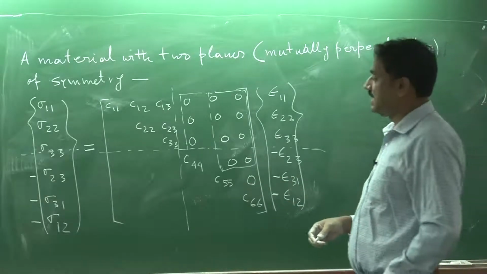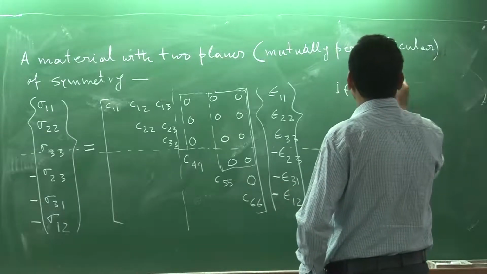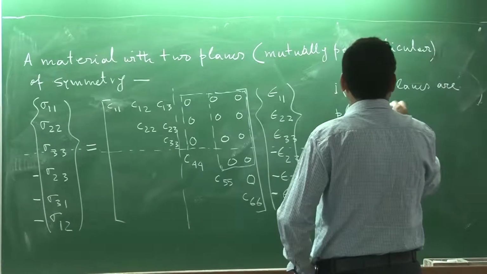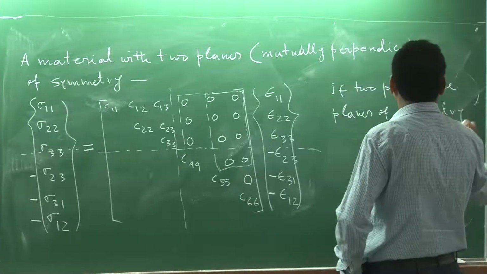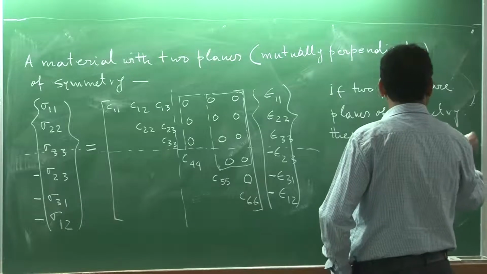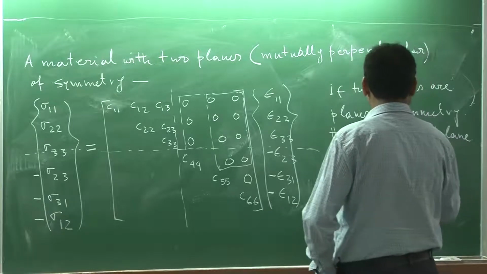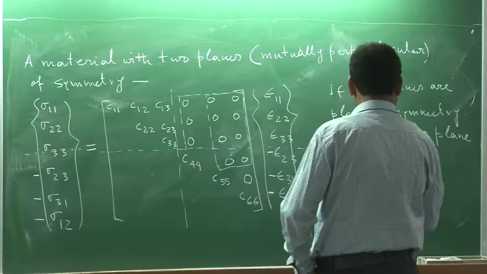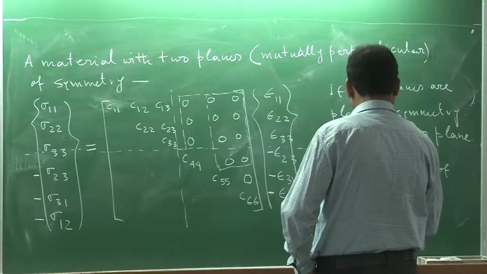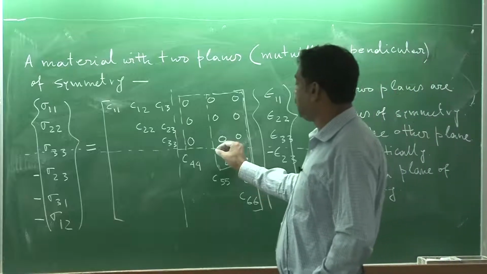So what we can see is that if two planes are planes of symmetry, then the third plane automatically becomes a plane of symmetry.